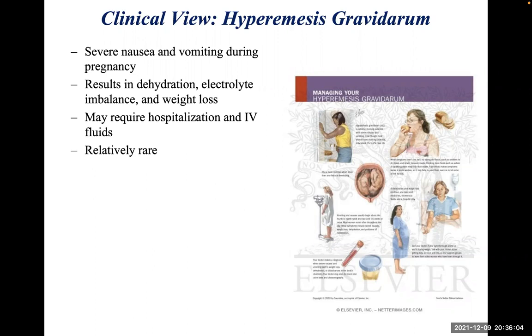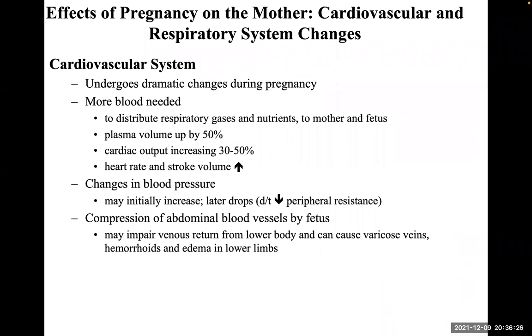So that morning sickness phenomenon, which is typically specific to the first trimester, lasts throughout the duration of the pregnancy in people who have hyperemesis gravidarum, and can be so problematic that a pregnant woman has to spend at least part of her pregnancy in a hospital getting IV fluids, because if you are vomiting, you can dehydrate really quickly.